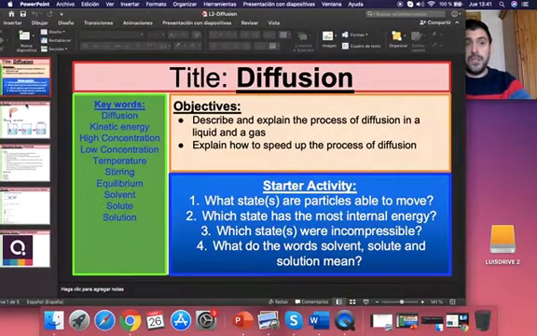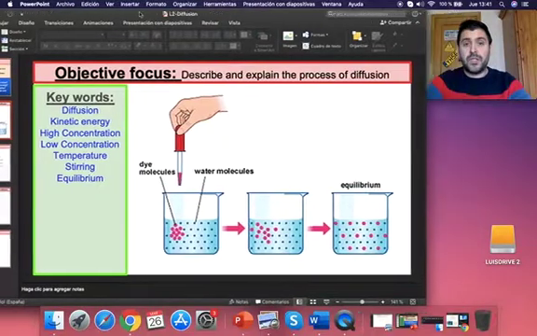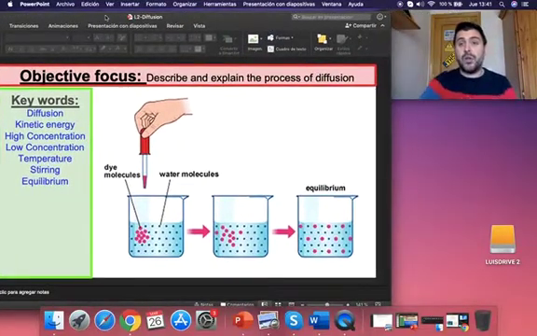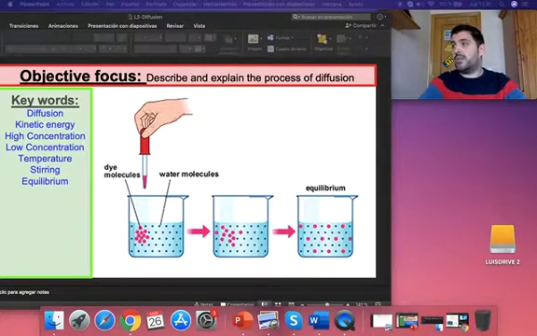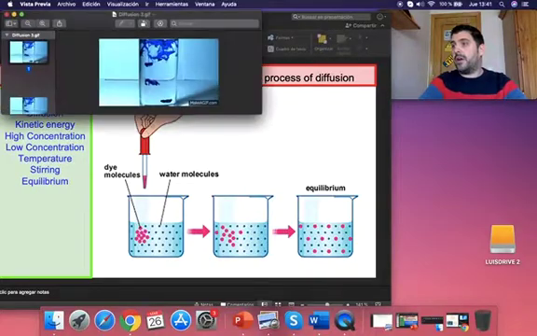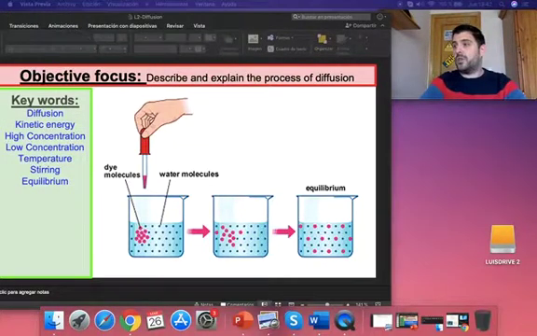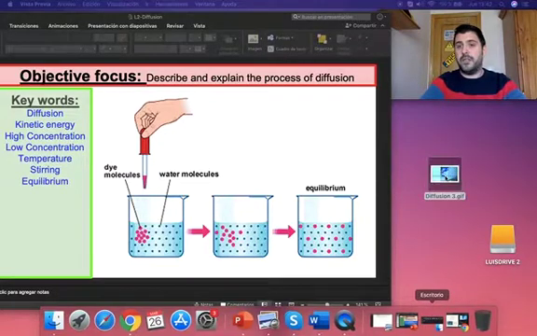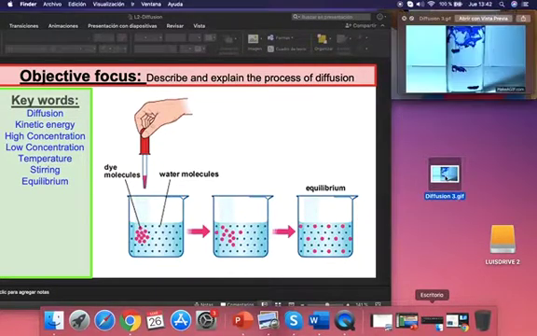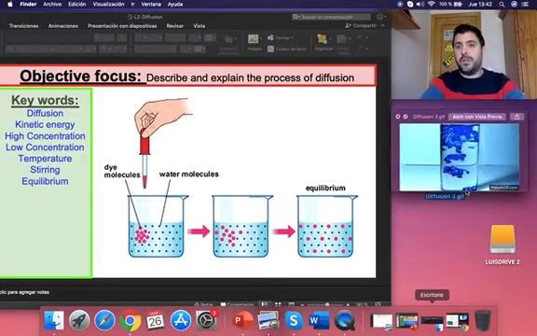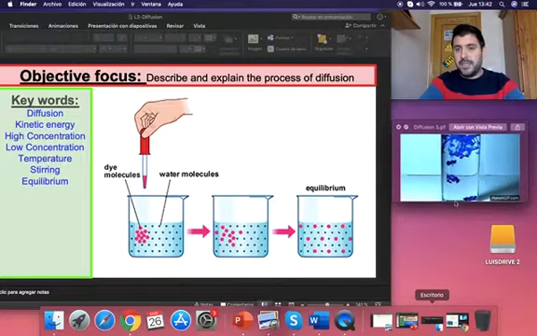Okay, for example, here is another experiment that you can do. I don't know if you have food coloring at home, but you can do something like that, and it looks quite cool, quite amazing. This is the thing I want to show you in a minute. So this is the diffusion GIF I've downloaded for you, so you can see.